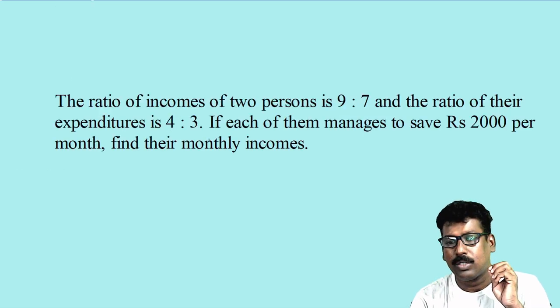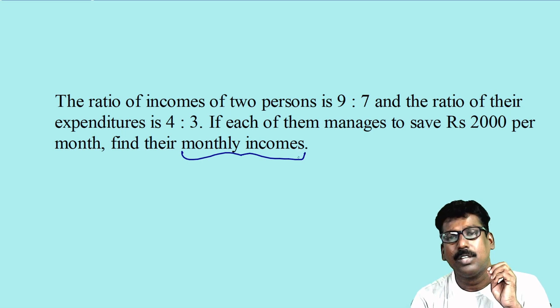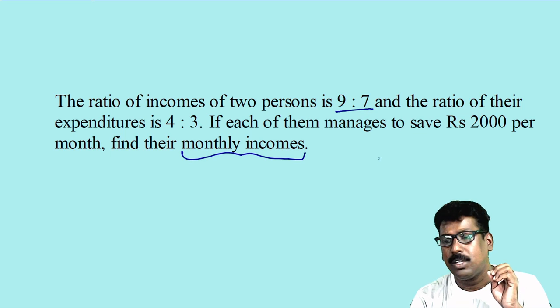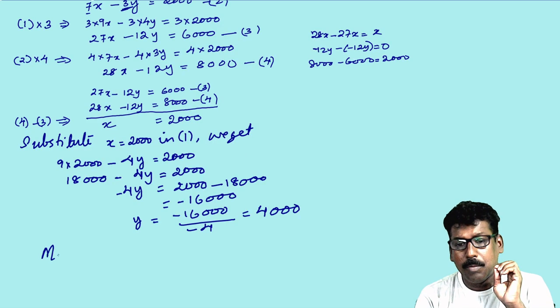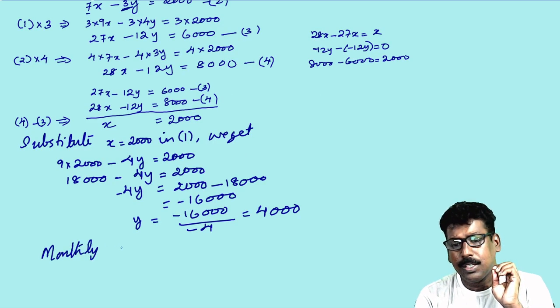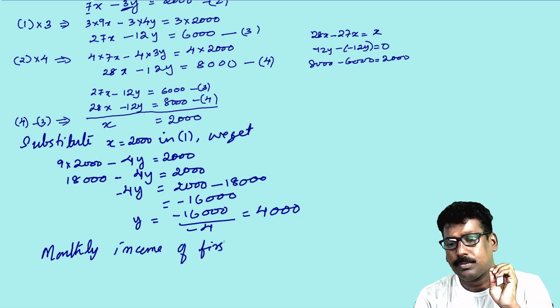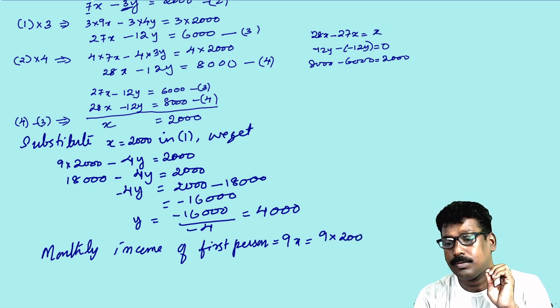What you have to find out from this question? Here you have to find out monthly incomes. So monthly incomes are in the ratio 9 is to 7, so it will be 9x and 7x. Monthly income of first person is 9x, which is equal to 9 into 2000, so it is equal to 18,000 rupees.